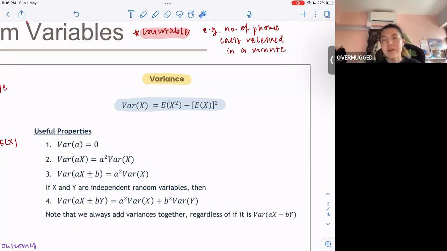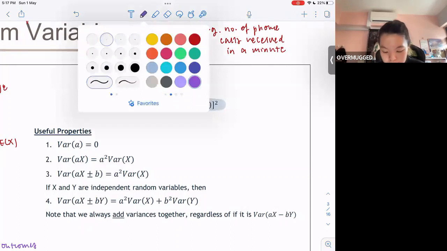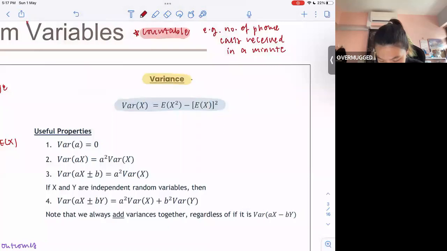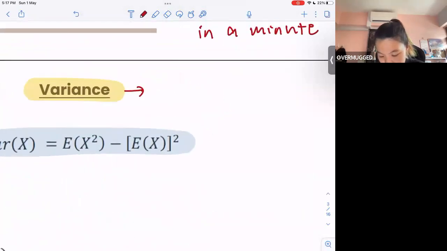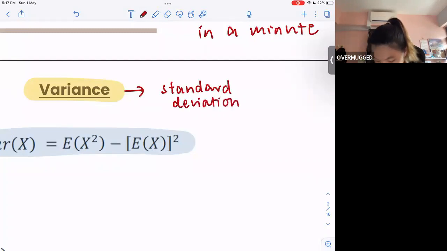And for variance, it's very special. It's very different from expectation. For the variance, if you find the variance of a constant, it's just going to be 0. What is variance actually? Variance is actually your standard deviation squared.